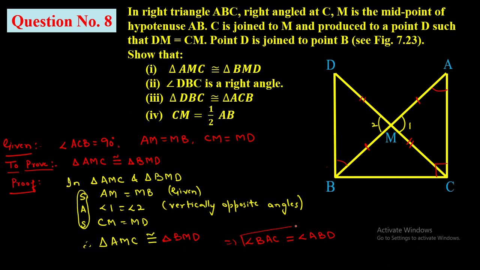So we got this statement from these two triangles. Since the two triangles are congruent, angle BAC is equal to angle ABD, because these are corresponding parts of congruent triangles.